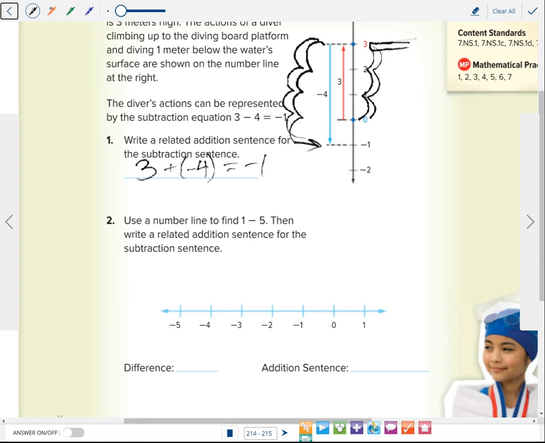Use a number line to find 1 minus 5. Then write the related addition sentence. So we start at 1. We are subtracting 5. 1, 2, 3, 4, 5. We end up at -4. Are you writing what I'm writing?